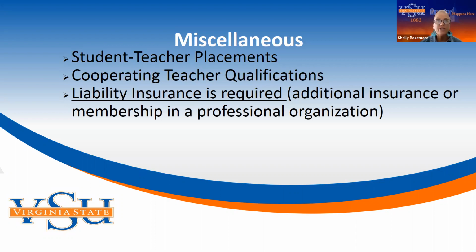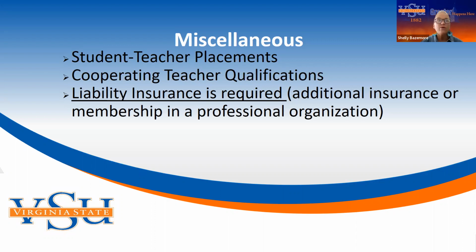Cooperating teacher qualifications are based on mentor guidelines from the Virginia Department of Education, and it's a minimum of 3 years of experience as a licensed professional teacher, but it also is based on recommendations from the principal. It needs to be a master teacher who is thought well of by colleagues and the administration.